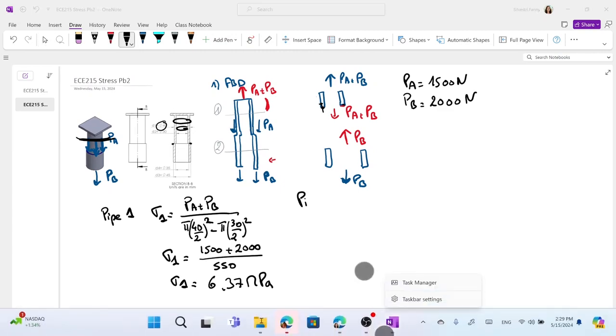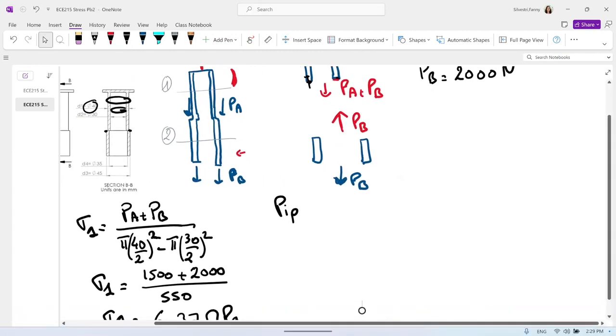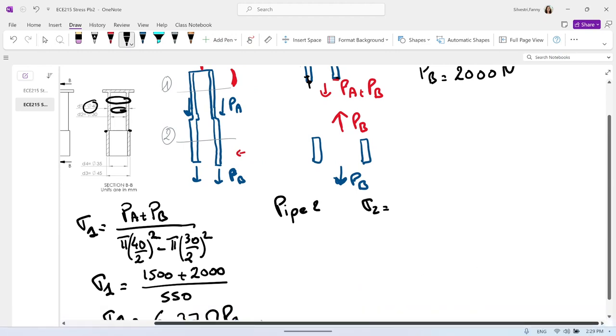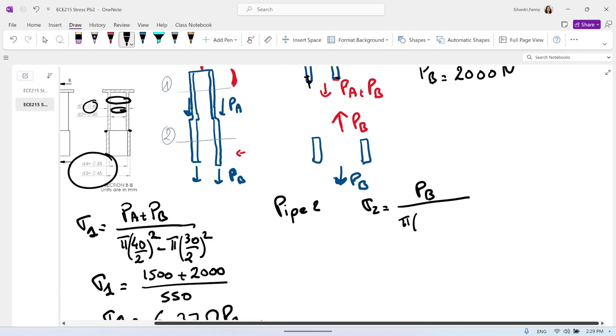Now we do the same for the pipe number 2. Sigma 2 equals, and this time the force that is involved in this one is just PB. Be careful, the bottom one has just a load equivalent to PB. And we need now to look at the dimensions of the bottom pipe, so pi times the diameter divided by 2 squared minus the inside, pi times 35 divided by 2 squared.